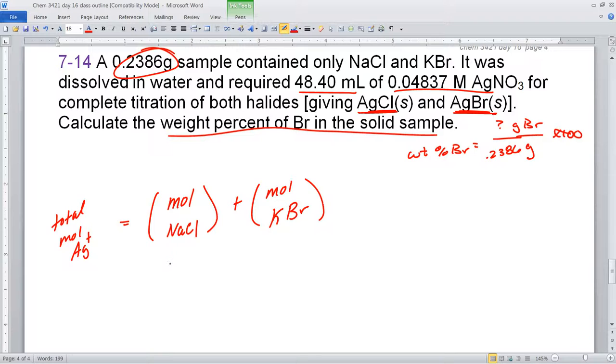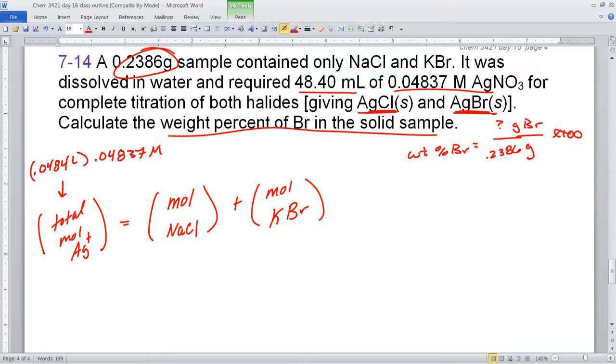So to get these, this number is not so bad. We'll just take the 0.0484 liters times the 0.04837 molar, and we'll have that one.